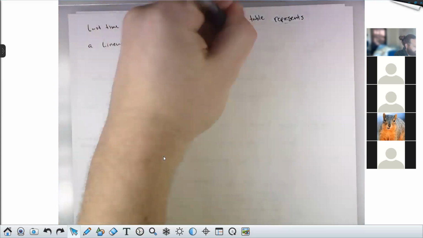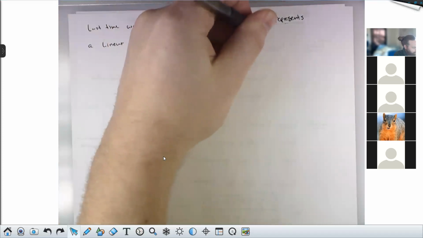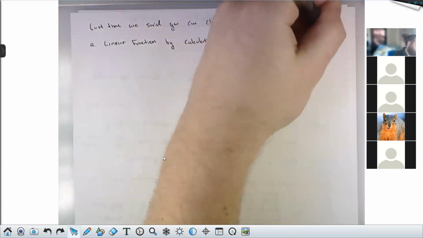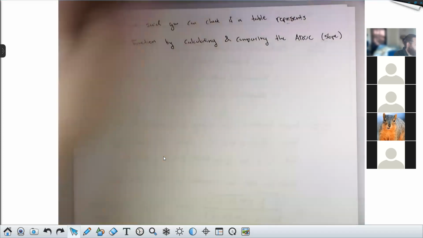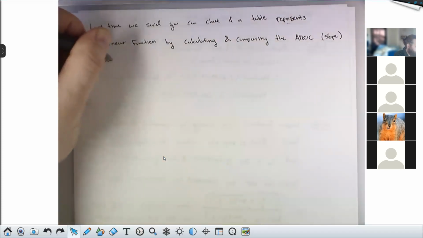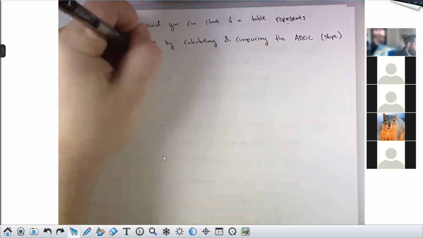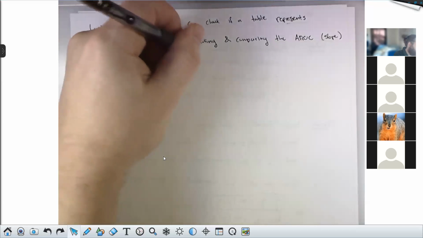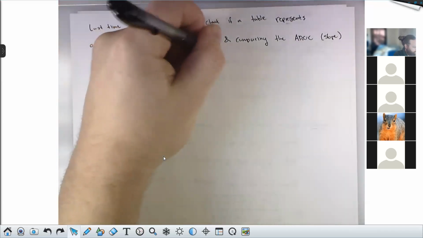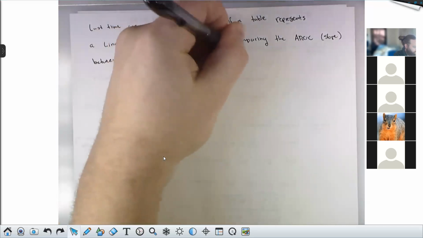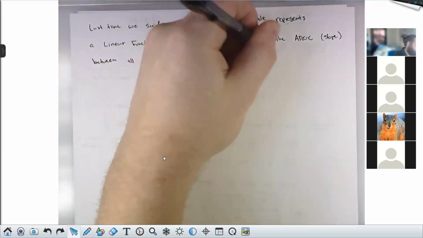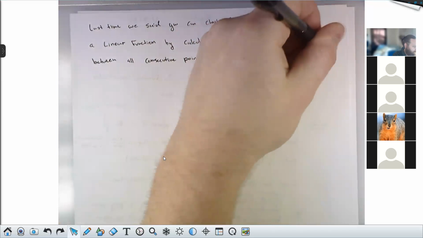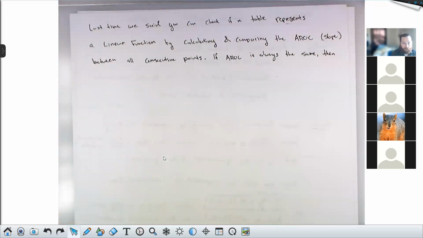So we said you can check if a table represents a linear function by calculating and comparing the average rate of change, i.e. slope, between all the consecutive points. If the average rate of change is always the same number, then that's a function whose rate of change is constant.